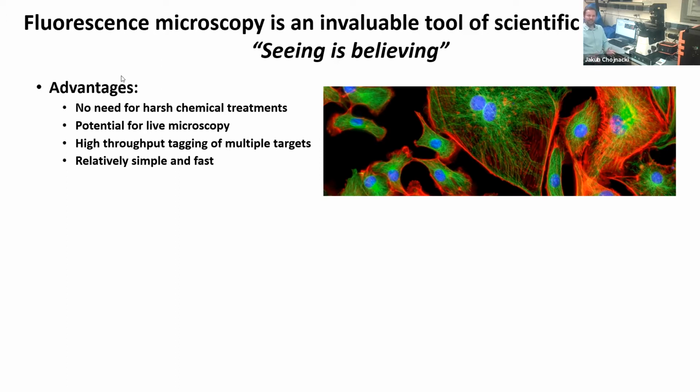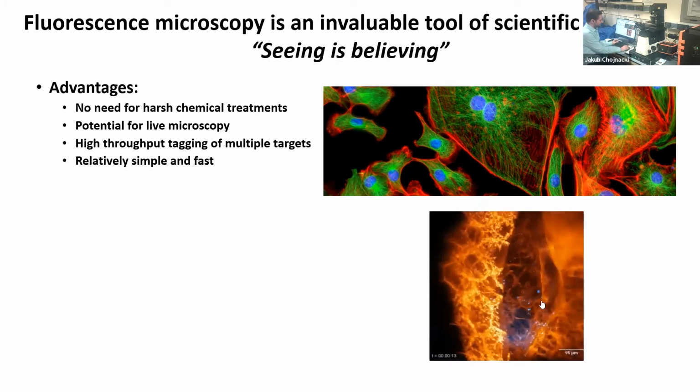We want to study things as they are without subjecting them to strong chemicals, which may alter the structures of cells, the structure of viruses, which of course is a problem because it then does not give you an exact idea of how it works in physiological conditions in a human body. So microscopy can be performed without the need for harsh chemical treatments. Another important thing that follows from that point is that microscopy is possible for live cell imaging.